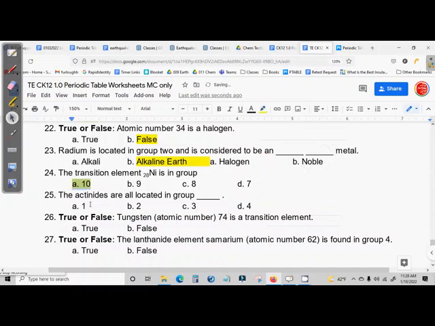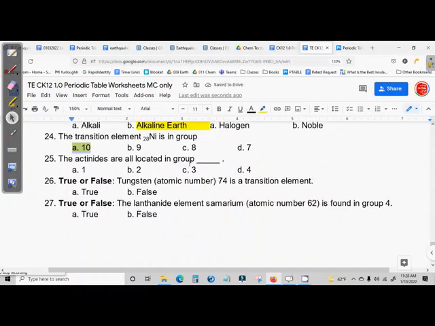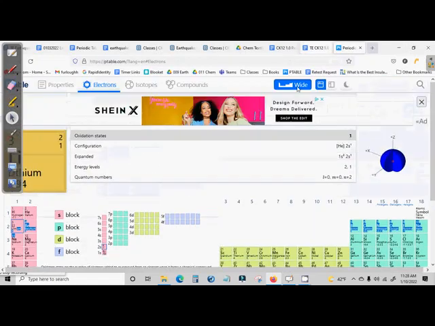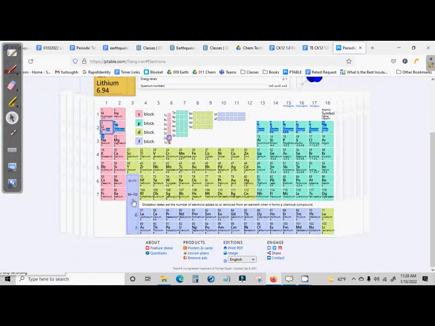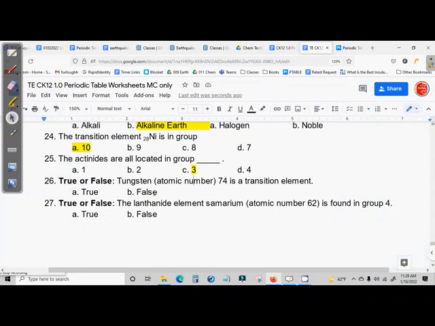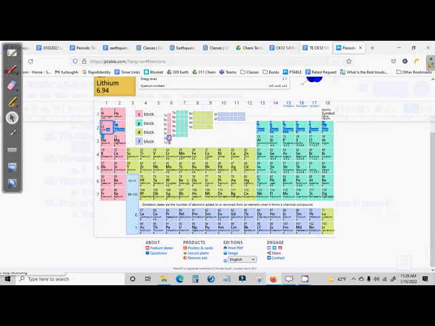Actinides are all located in group. The answer is 3. No group would also be acceptable, I think. But they're considered group 3 because when you look at the periodic table like this, okay, that's where they show up, right? Tungsten, atomic number 74, is a transition element. So we find element number 74, and that is in fact a transition element.